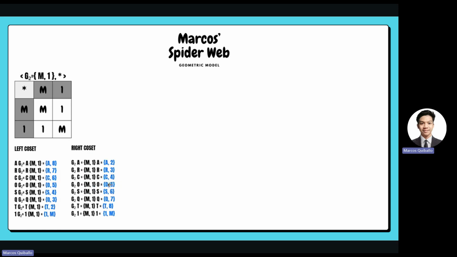It's not equal. So all the outputs from the left coset and the right coset are not equal, meaning to say, our subgroup is not a normal subgroup.